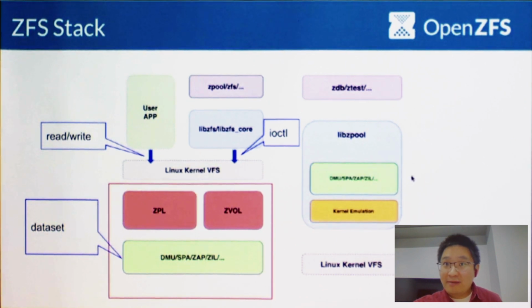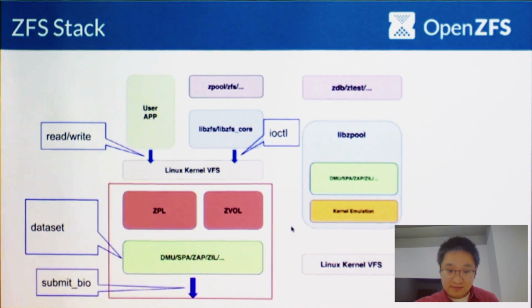For each kernel API, the kernel emulation uses a Userland API that has the same semantics. For example, when issuing an I/O, the kernel side will invoke the submit_bio kernel API to issue an I/O to the block layer in the kernel.